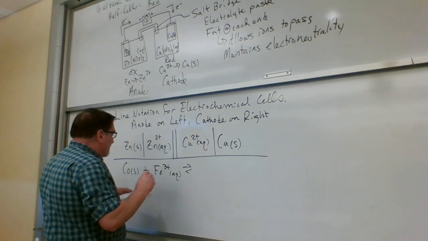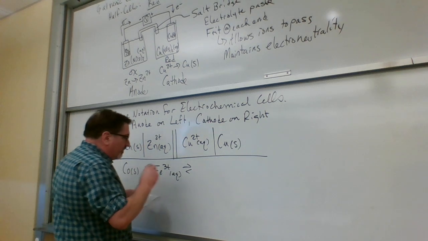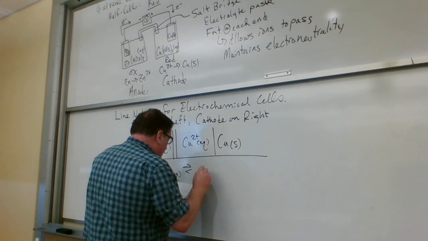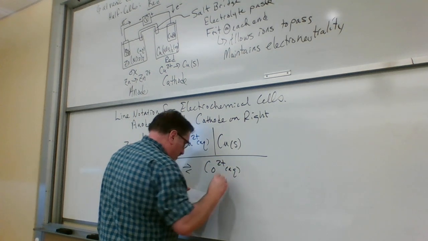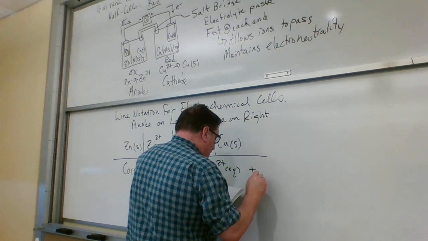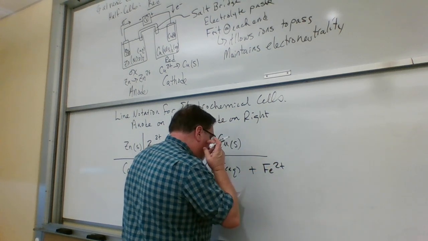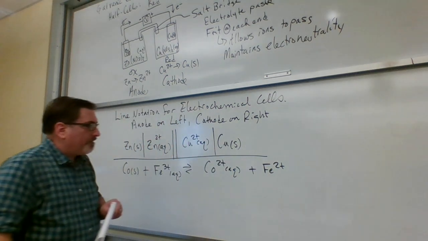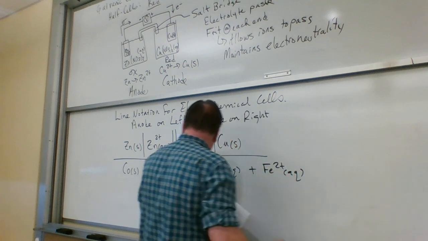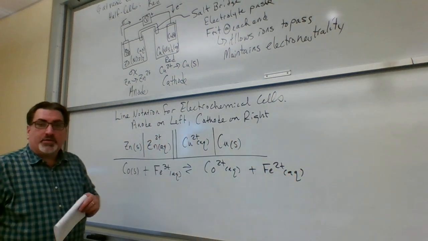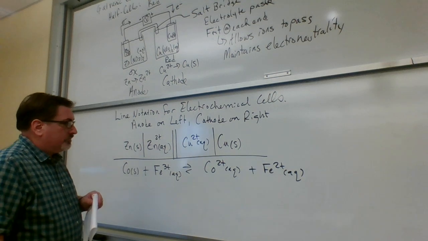Cobalt, Co as a solid, plus Fe3+ aqueous, in equilibrium with Co2+ plus Fe2+. So everything is aqueous on the iron part. The iron half reaction isn't going to have any solid iron anywhere.